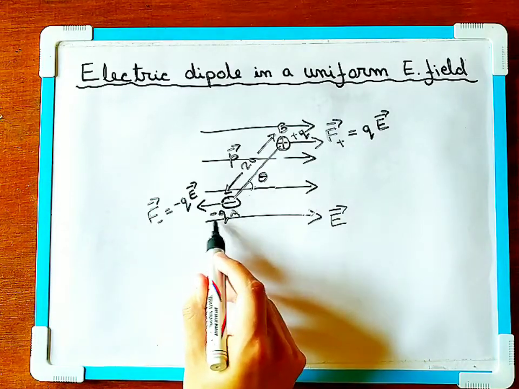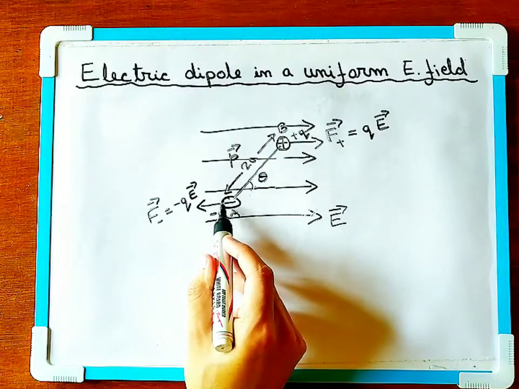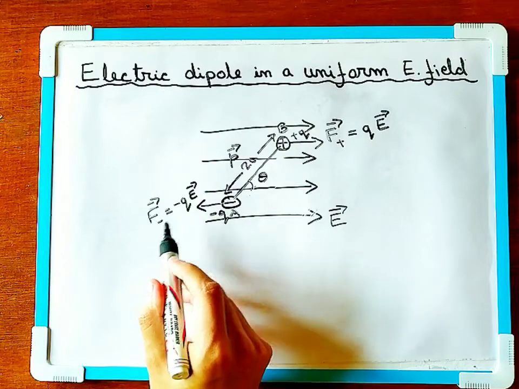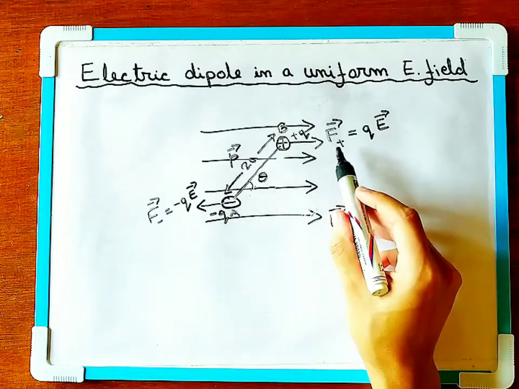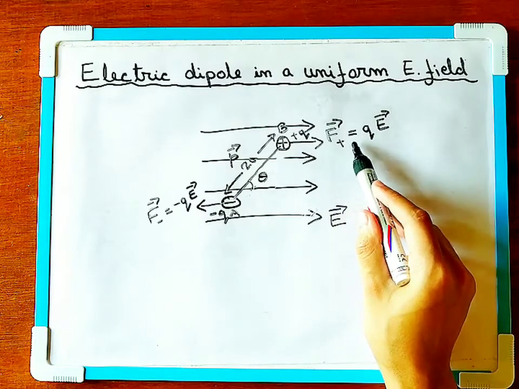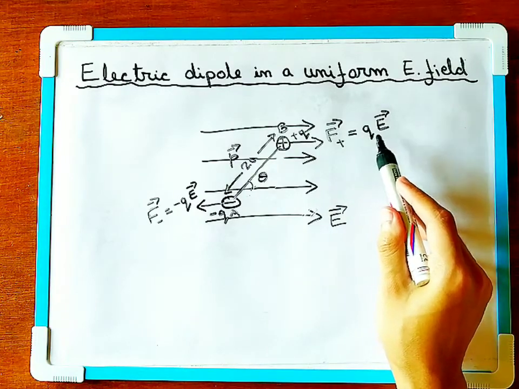The electric field is in this direction, and the force experienced is in this direction. So F minus is equal to minus QE, and F plus is equal to QE.